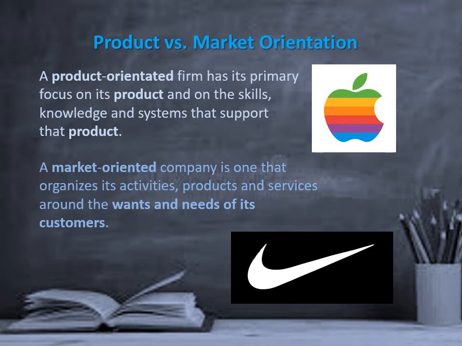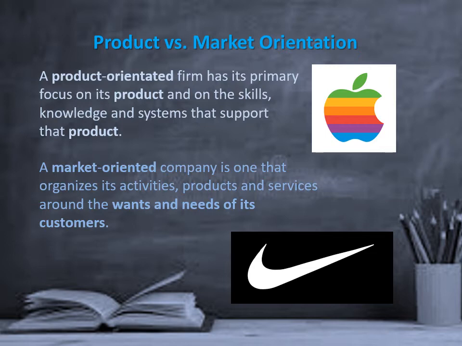A market oriented company will actively work on knowing the changing trends in the market, going ahead with the fashions or the cyclical changes in the market, and then studying the customers' expectations and designing products accordingly.